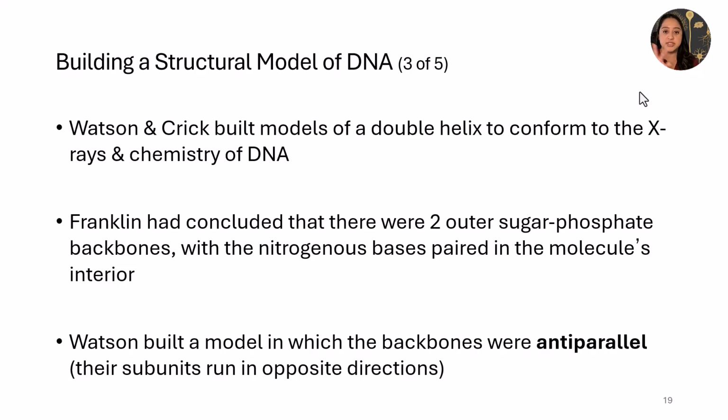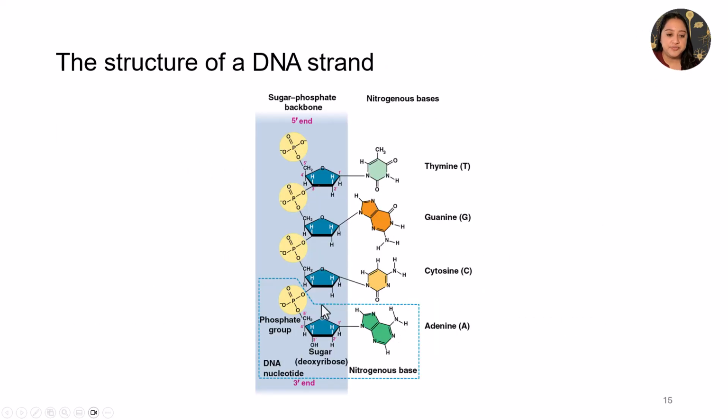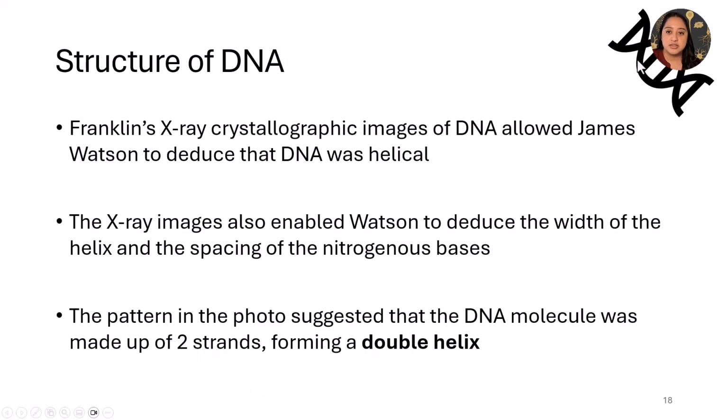And then when they built it, it kind of helped solidify, okay, from all this data, and we built this model, this seems like this is the case. Yeah. And again, that's based on what Rosalind Franklin figured out. So Franklin had concluded that there were 2 outer sugar phosphate backbones. So if we go back here, the sugar and phosphate that's alternating, that's what makes the backbone of the helix that we picture.